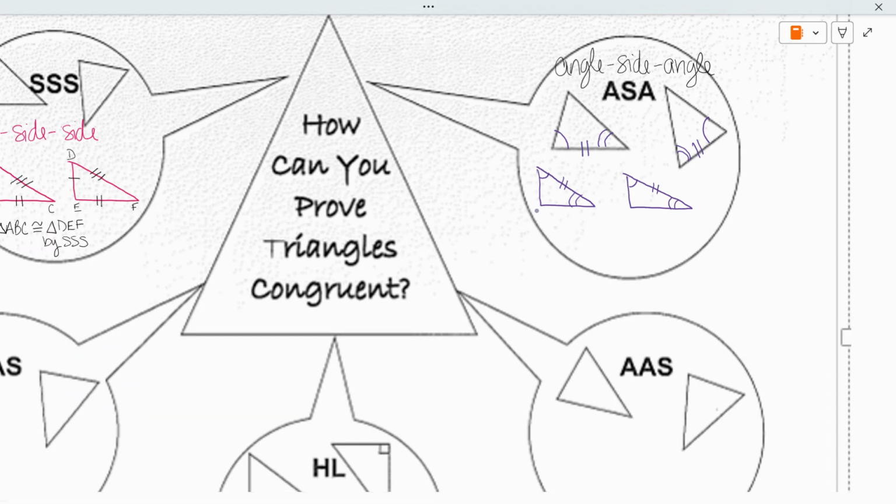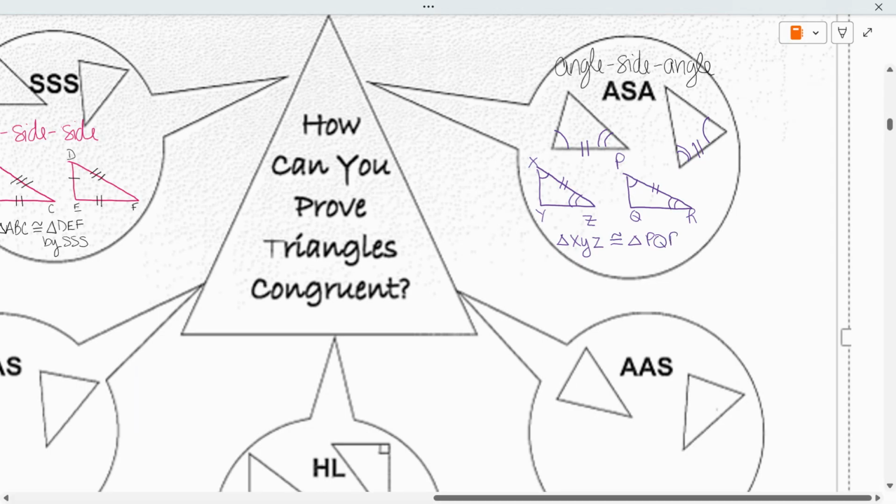So I'm going to call this triangle XYZ, triangle PQR. So triangle XYZ is congruent to triangle PQR by angle, side, angle.